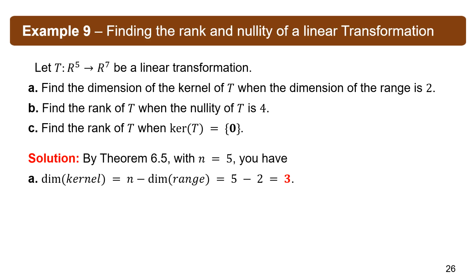Using the formula, the dimension of the kernel is equal to n minus the dimension of the range. The dimension of the range is given as 2, so 5 minus 2 is equal to 3.